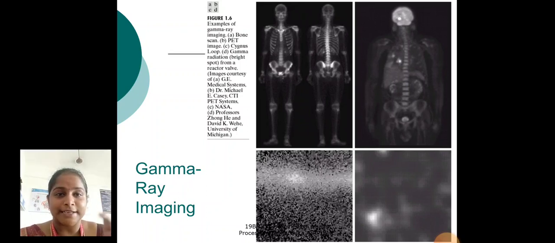Those images are taken from GE Medical Systems, and based on digital image processing, we can differentiate the images based on their intensity, color and contrast. Depending upon the applications, we can segregate the images by using digital image processing techniques.